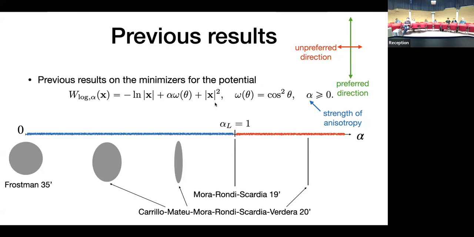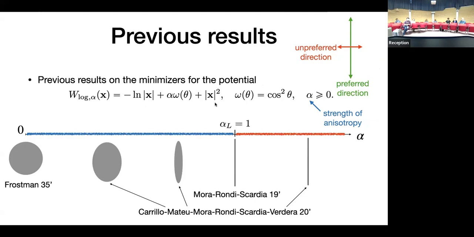Okay, so for the isotropic part, alpha equals 0, this is a classical result that goes back to Frostman in 1935, who showed that the unique energy minimizer is a characteristic function of a ball.